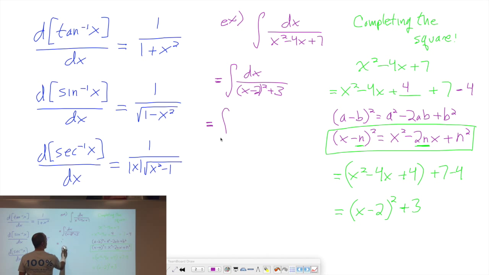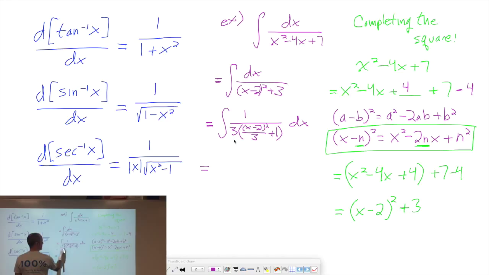I'm going to rewrite this a little bit. I'd like a 1 on top. I'll move the dx over to the end, no problem with that. I'm going to factor 3 out of everything on the bottom. X minus 2 squared, factor 3 out, just winds up being x minus 2 squared over 3. And now it's plus 1, because I factored the 3 out of the 1.